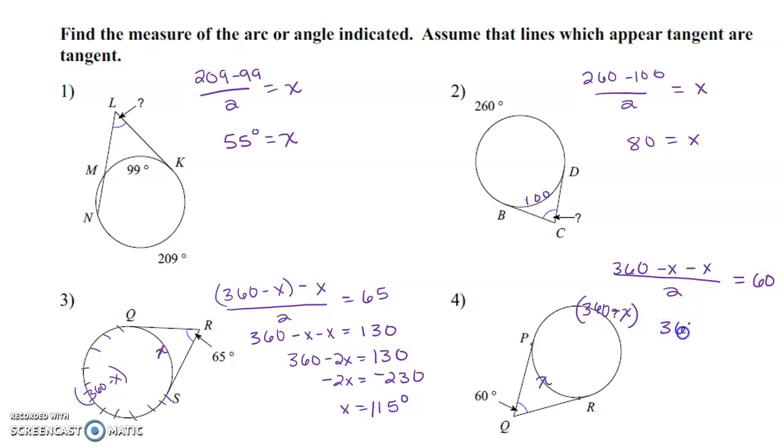I end up with 360 minus 2x equals 120. A negative 2x equals a negative 240. And then x equals a positive 120. So that's going to give me my 120 here as well. And then 360 minus 120 will equal my 240.